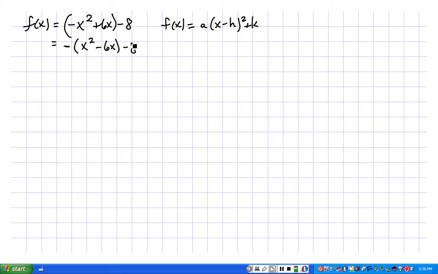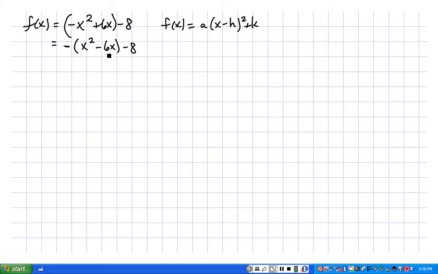Think about it. Negative times x squared would give you negative x squared. Negative times a negative 6x would give you a positive 6x. So now we've got our x squared with a positive 1 for a coefficient. Now we've got to complete the square.